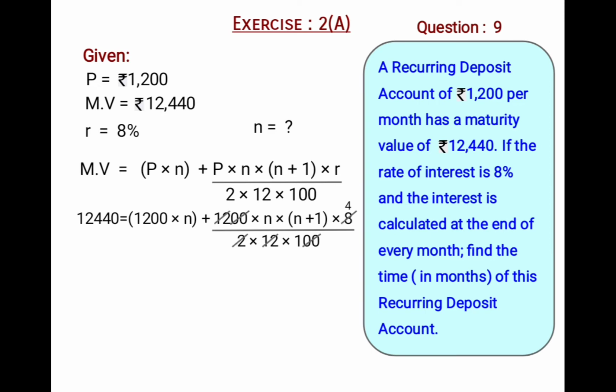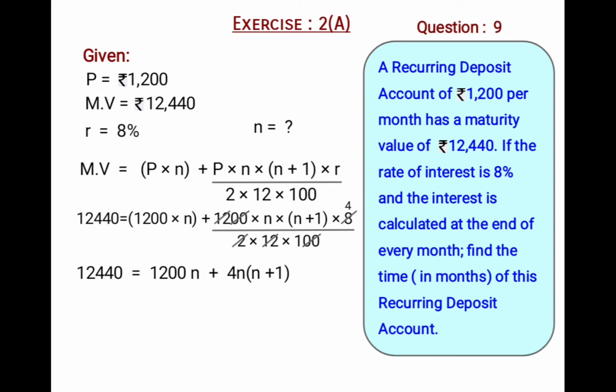On further simplification, we will get 12,440 is equal to 1200 N plus 4N of N plus 1. Now I am going to multiply 4N with N plus 1.